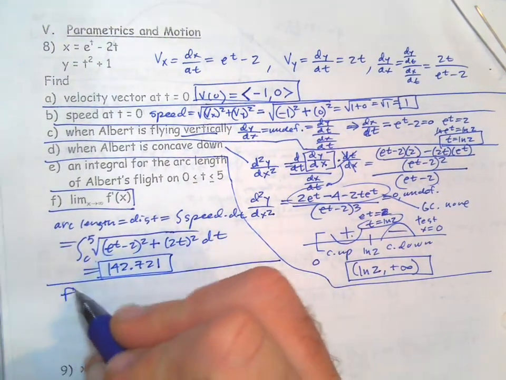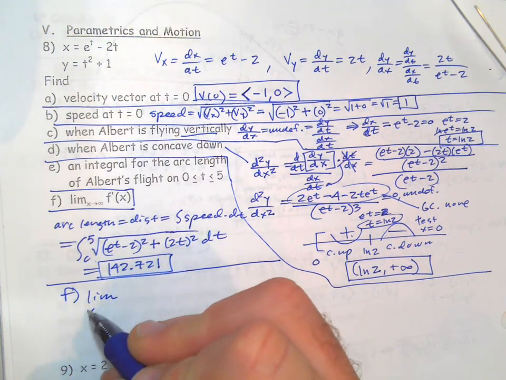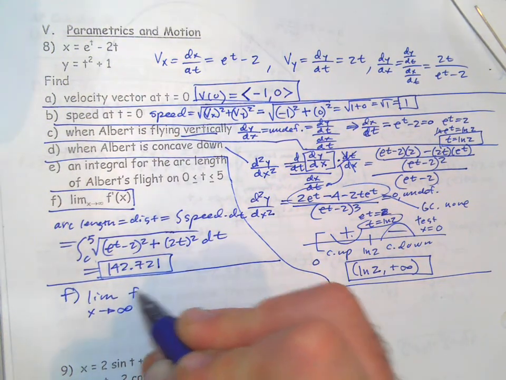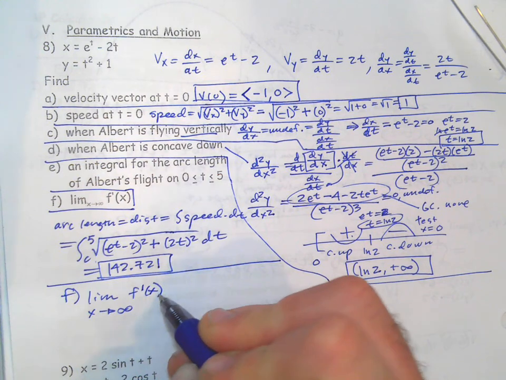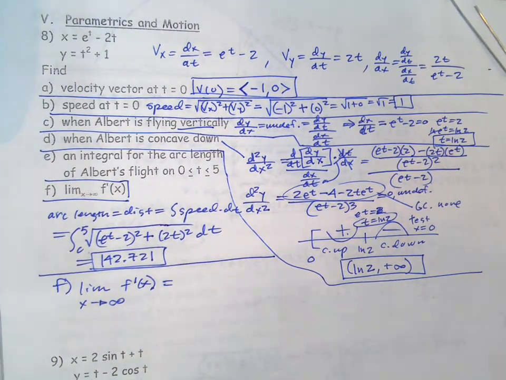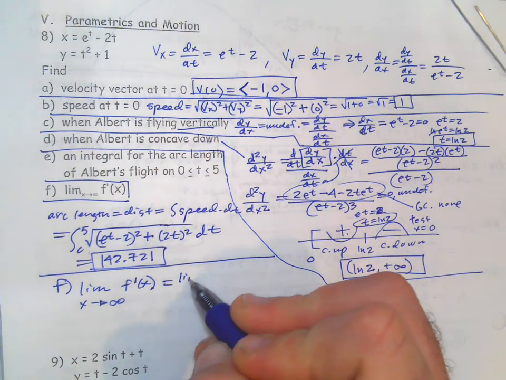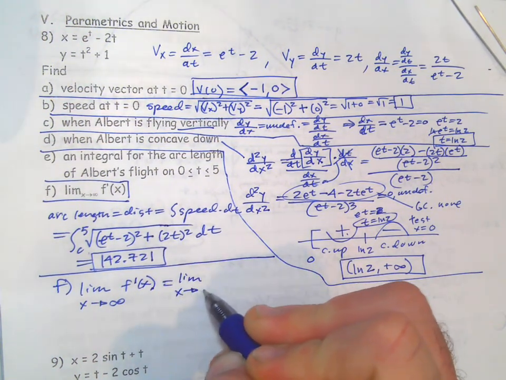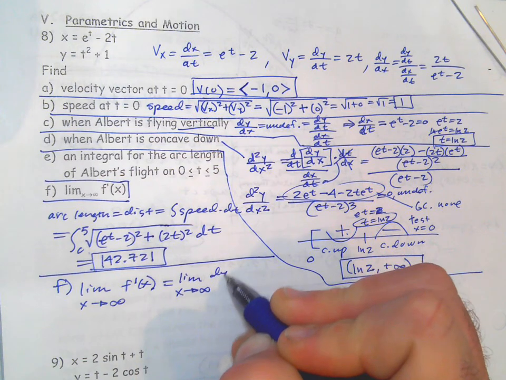Part F says, what's the limit as x goes to infinity of f prime of x? So that would be the limit of the slope of the function, so that'd be dy dx.